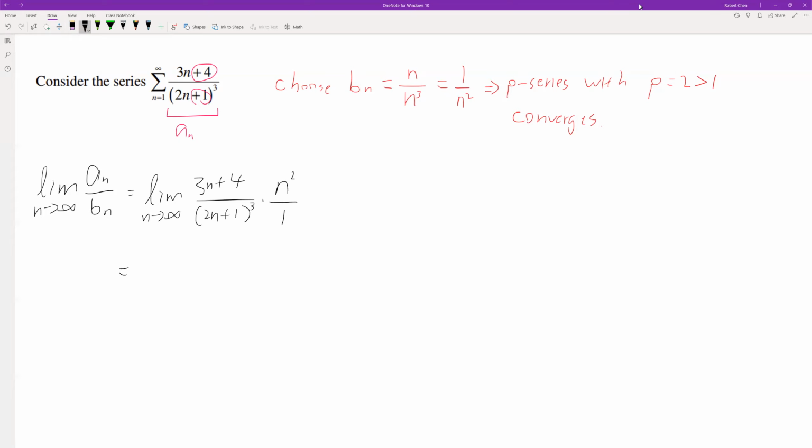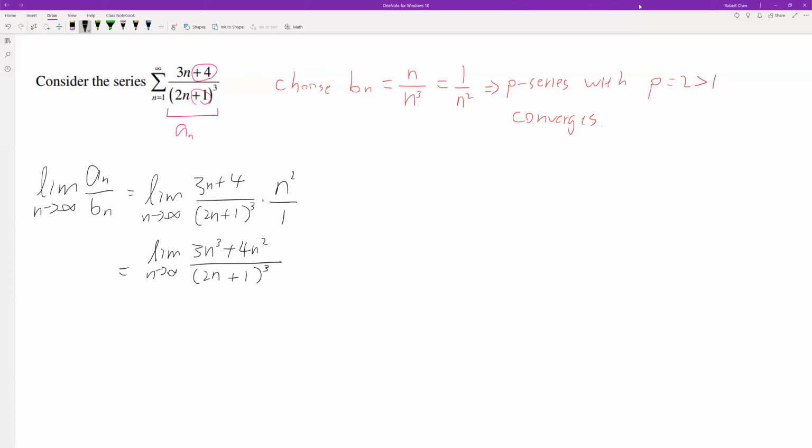All right, and same thing, let's go ahead and multiply everything in. Limit as n approaches infinity of 3n cubed plus 4n squared over (2n plus 1) to the third power.